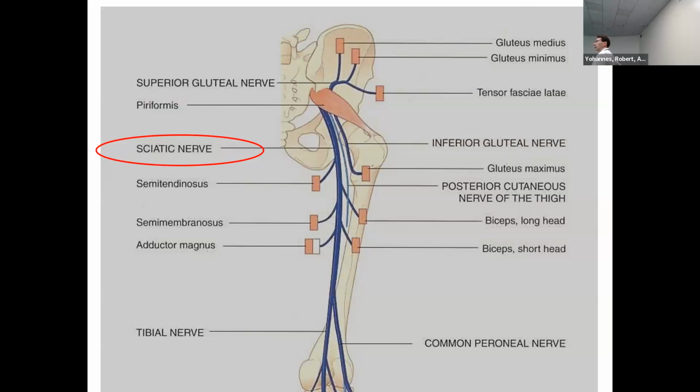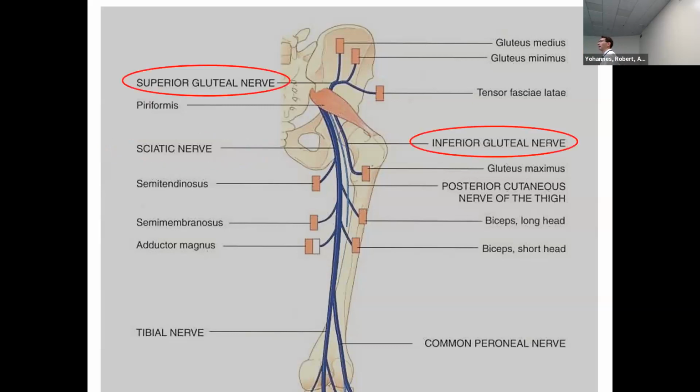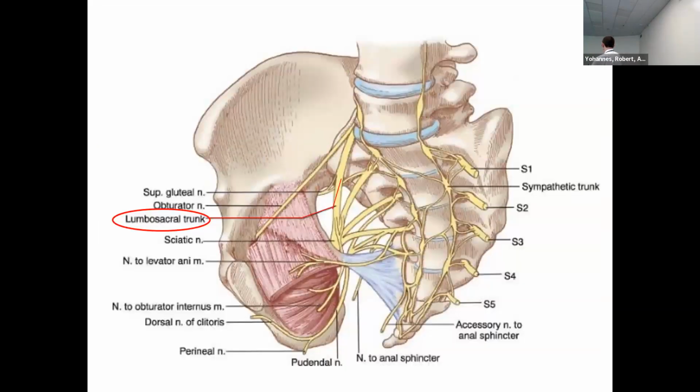But if we have involvement of roots above that area, for example, movements of the gluteus, or hip extension, the gluteus maximus, then we know that we're above the sciatic nerve, which branches more to the hamstring muscle.